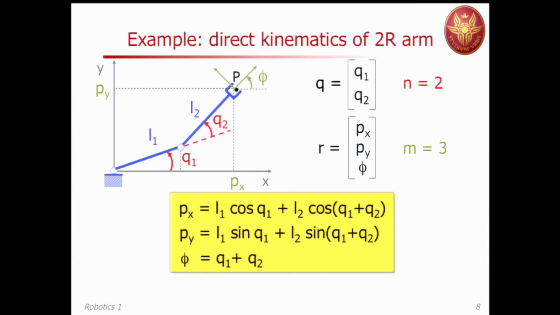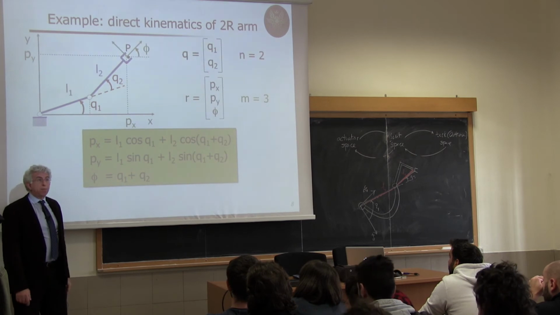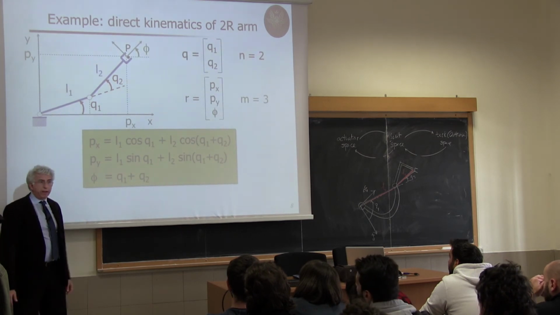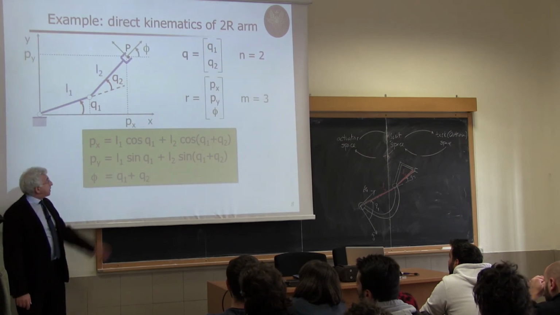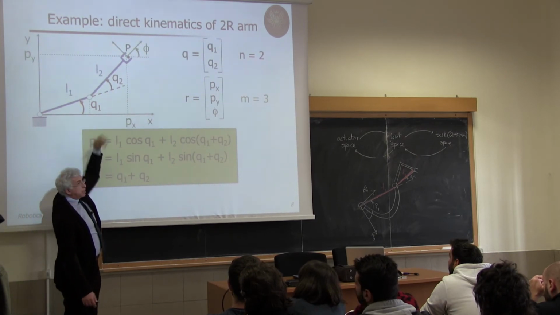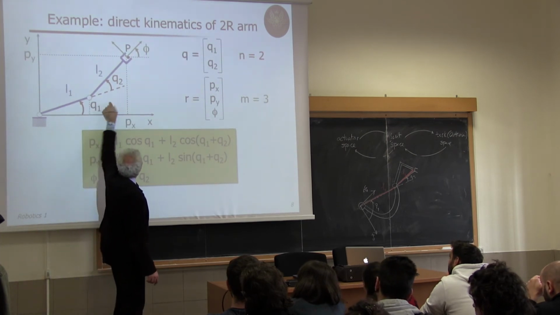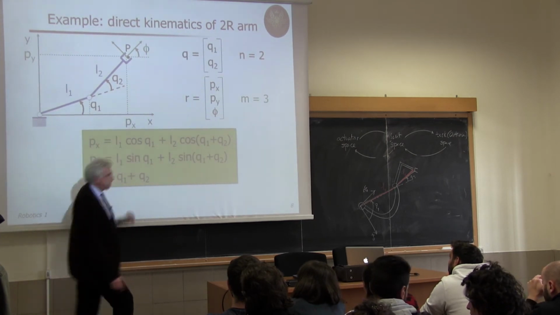So don't forget trigonometry. And finally, look at this. The orientation of the tip in the plane is just the sum of these two angles. In fact, it's the absolute orientation. And we have just said that for the second link, if I'm describing in terms of absolute orientation, I should sum this angle plus this. And in fact, this is what I found here.